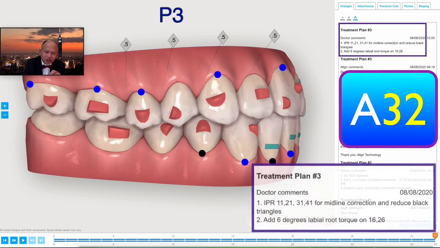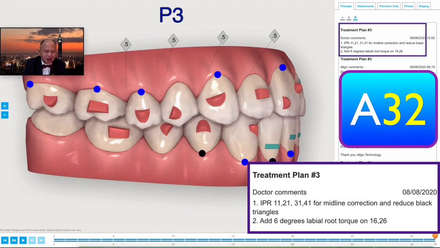So I told the technician IPR, which one for midline correction and to reduce black triangles. Sometimes when you line up, you see the black triangle. I really don't like the black triangle, neither do my patients. And every time you expand the upper arch, always remember that you need to add several degrees more labial root torque.